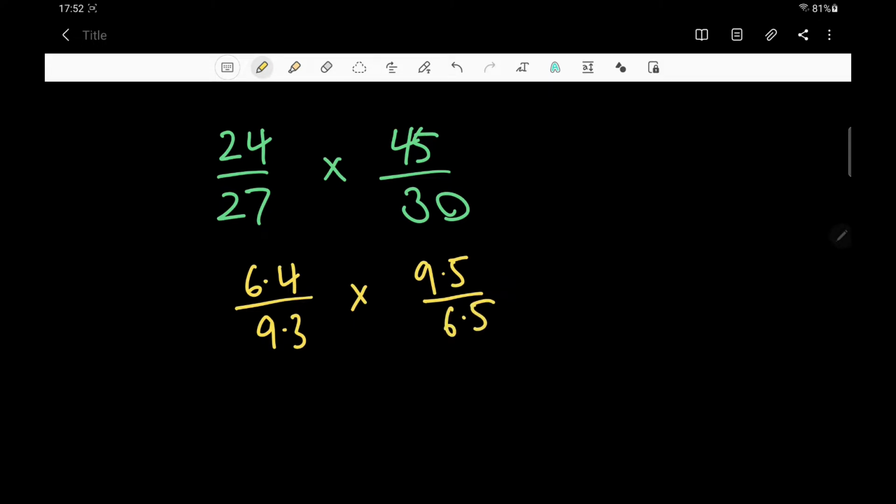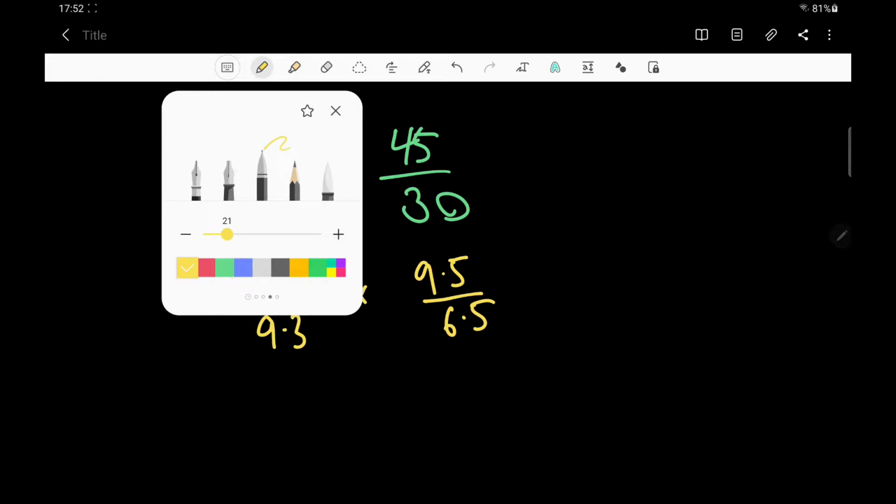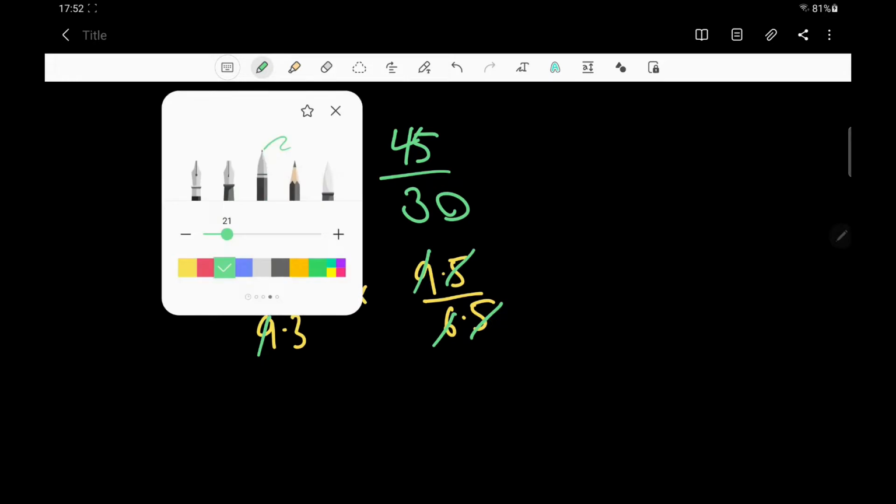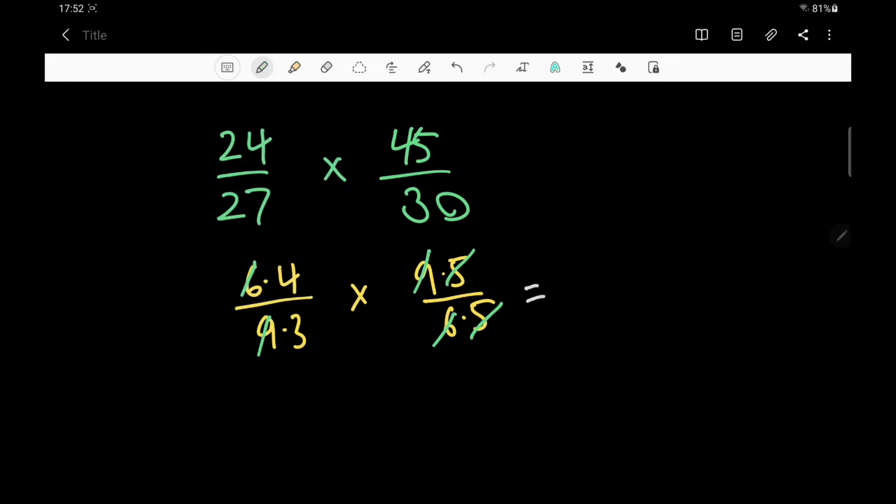So in this way we can do some cancellation: we can cancel 5, we can cancel 9, and the same is true for 6. Hence our final answer will be 4 over 3.